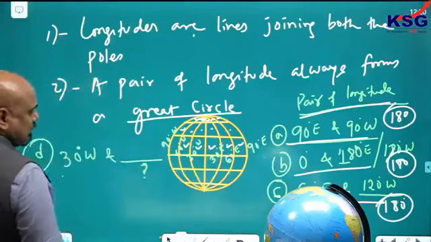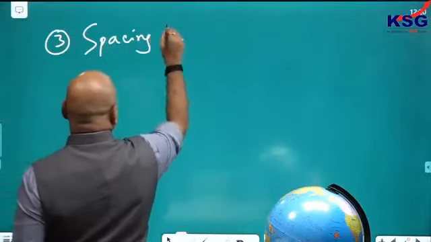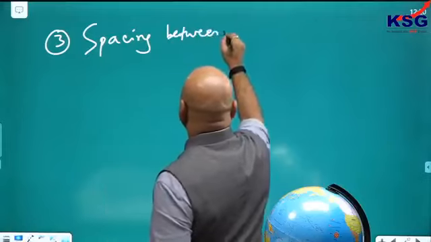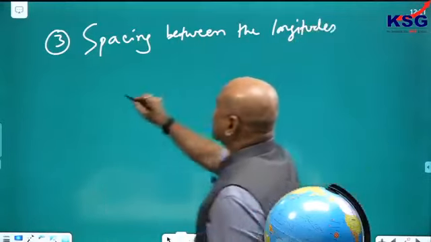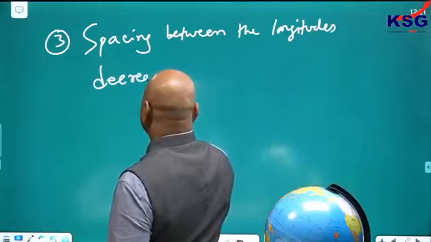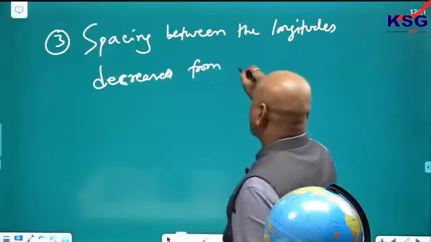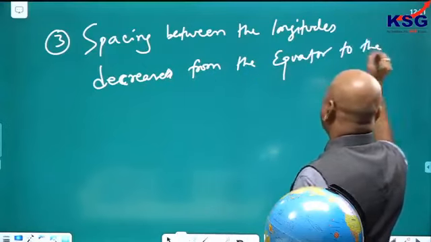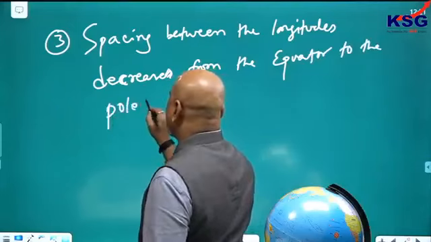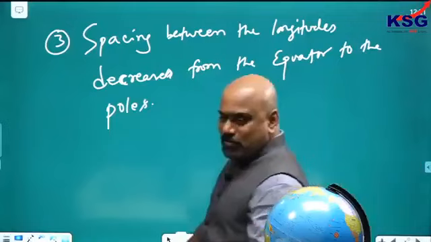So the third point we can write down: spacing between the longitudes decreases from the equator to the poles.